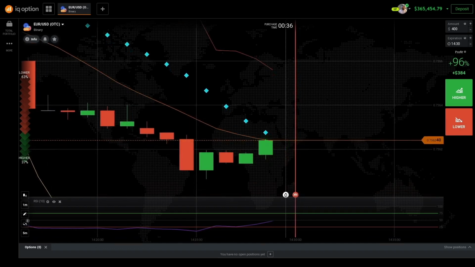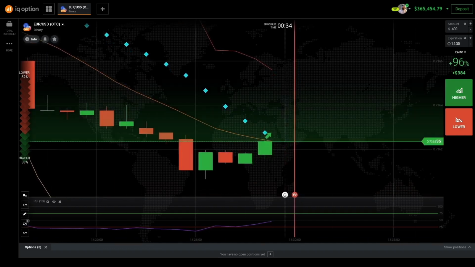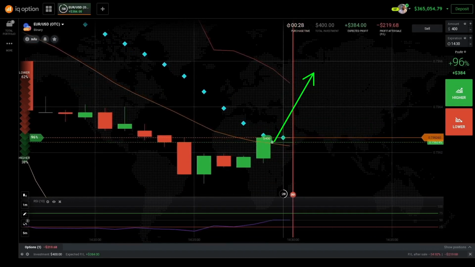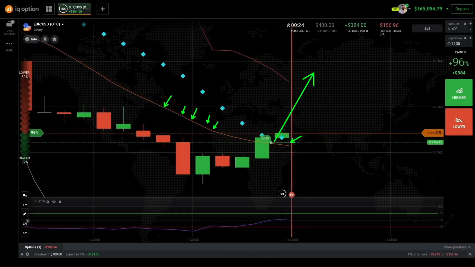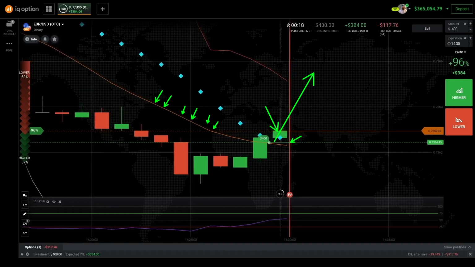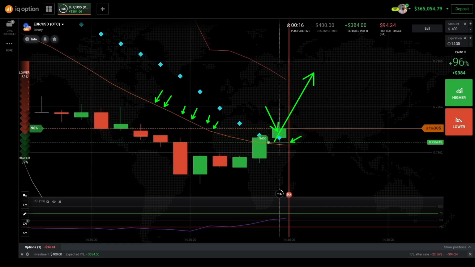Now I guess I know that we're having an uptrend, right? So it went over this line. The market is over this line, meaning that we're having a green candle over here, or at least an uptrend.